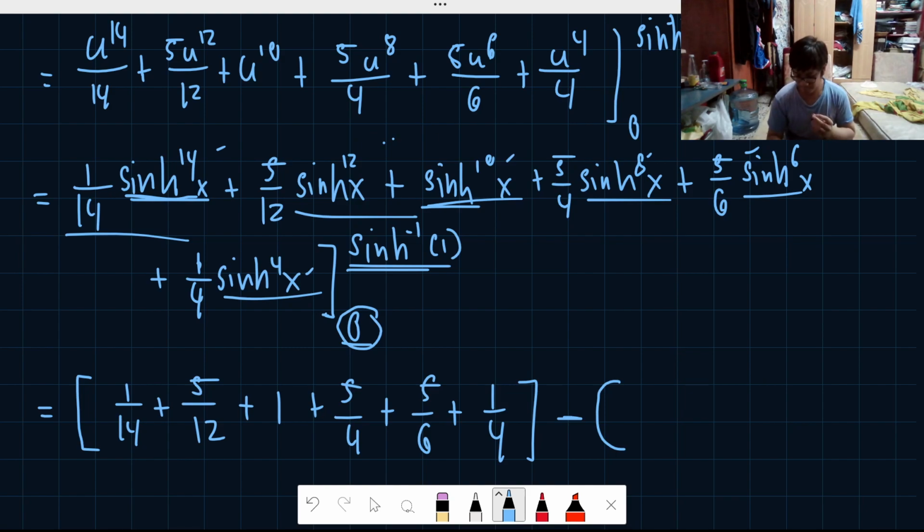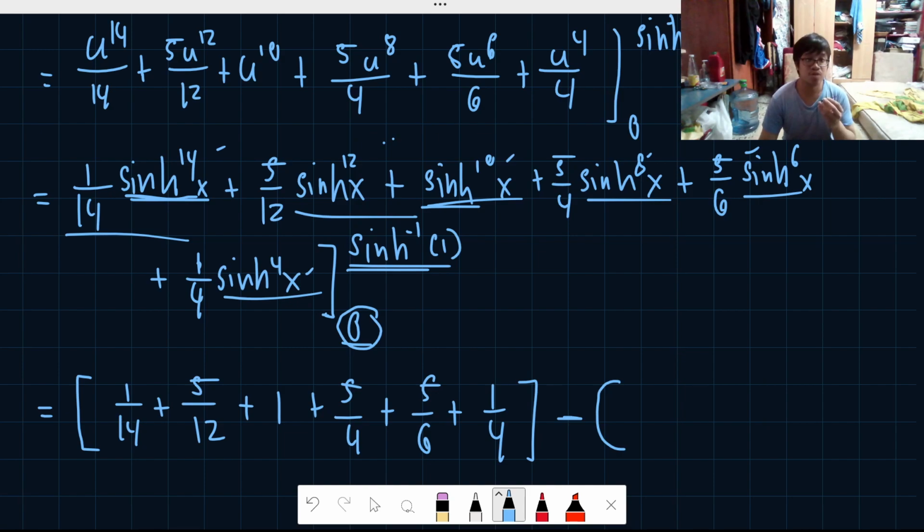Hyperbolic sine, just to show you proof. Yeah, I'm correct. Hyperbolic sine of 0 is simply 0.